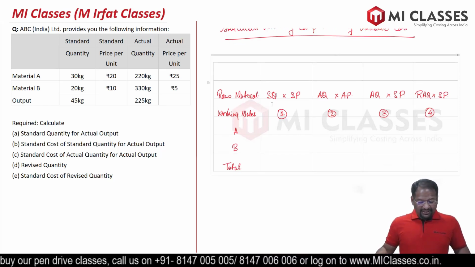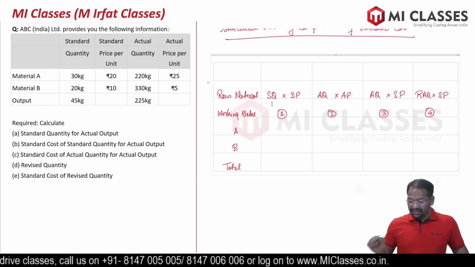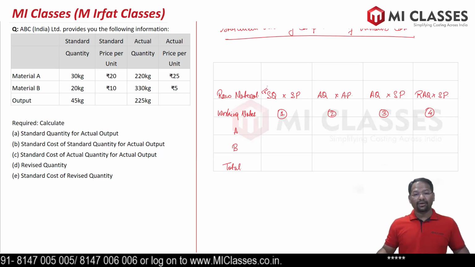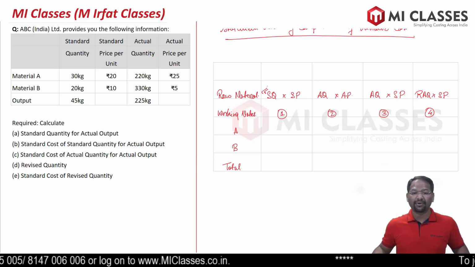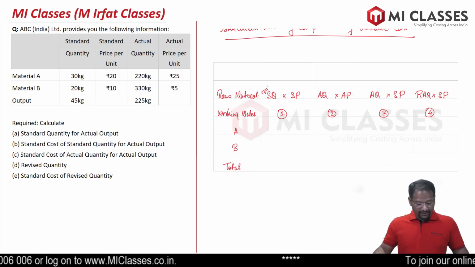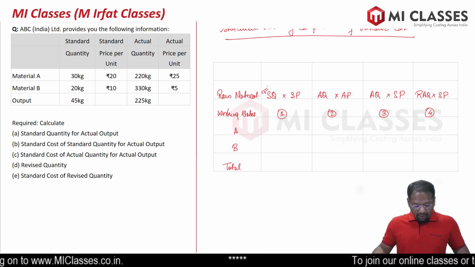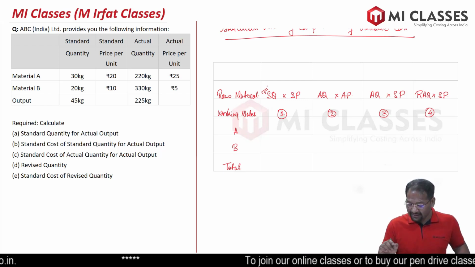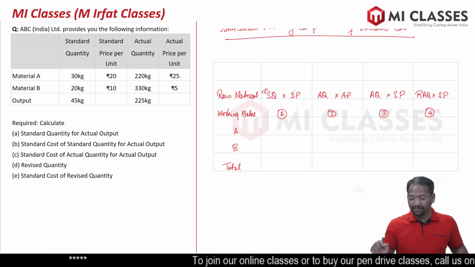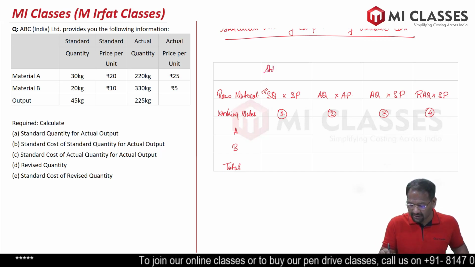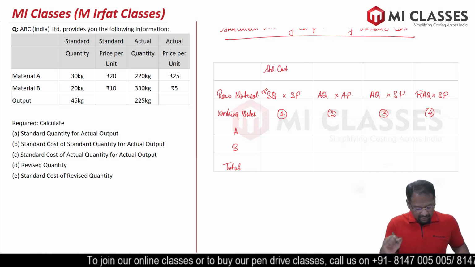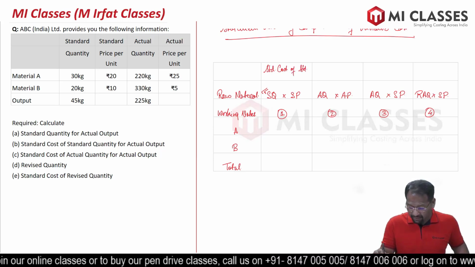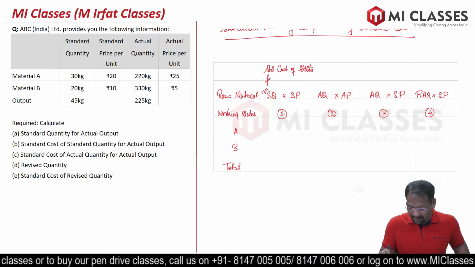Now, the first one says standard quantity for actual output. Basically, it is asking us to calculate standard quantity. This standard quantity full name is standard quantity for actual output. The second question is standard cost of standard quantity for actual output. Basically, it is asking us to calculate standard quantity into standard price, which we also call standard cost, or full name is standard cost of standard quantity for actual output.